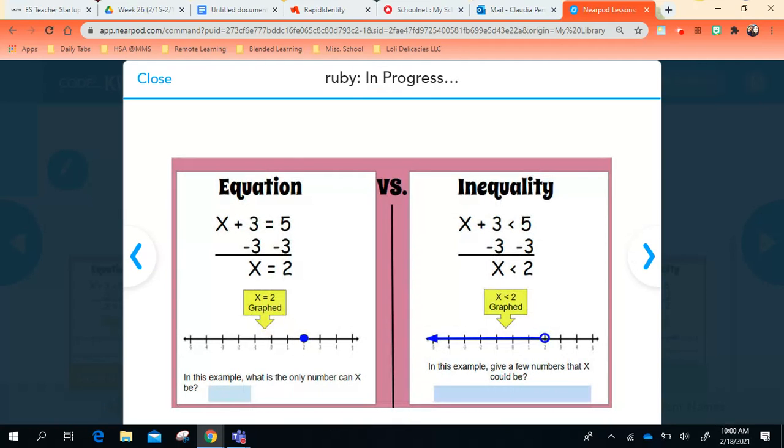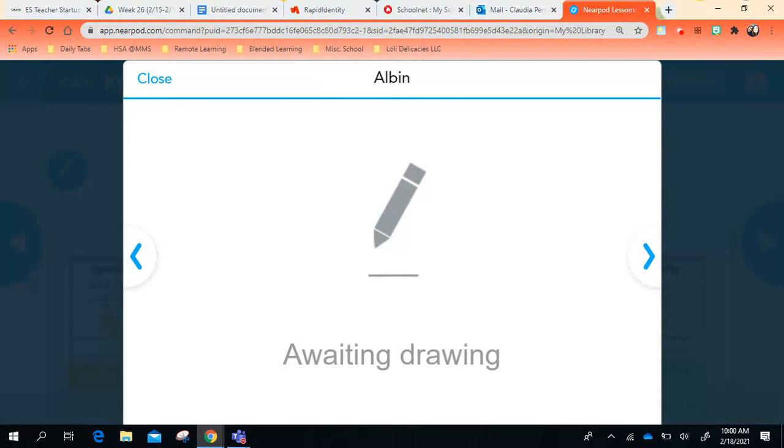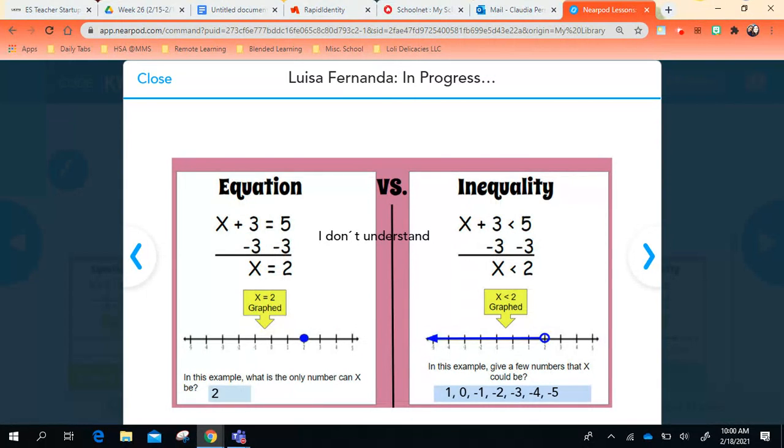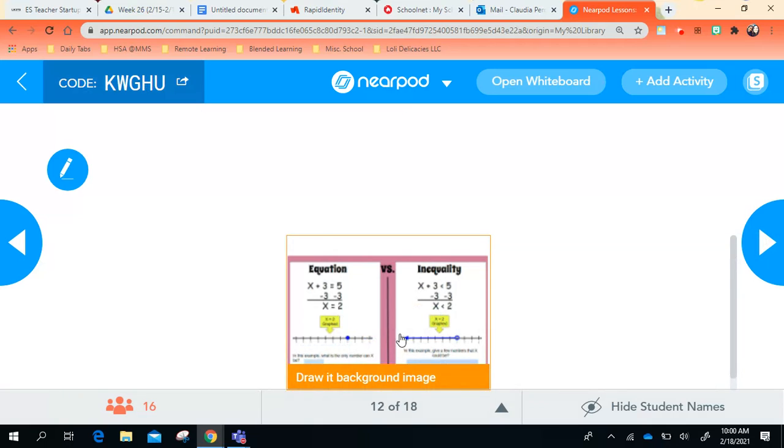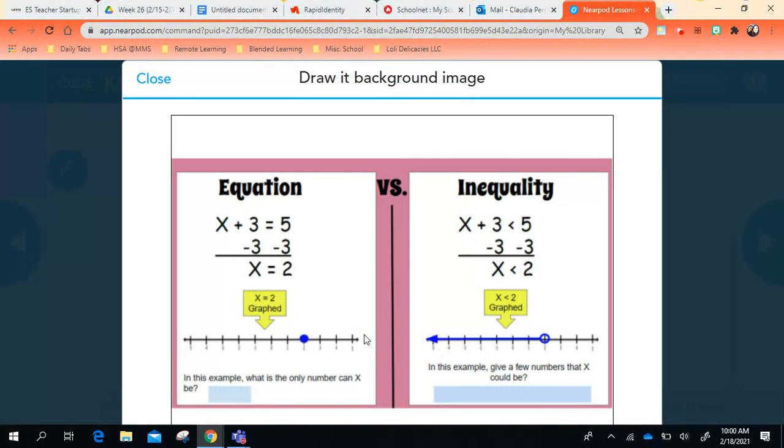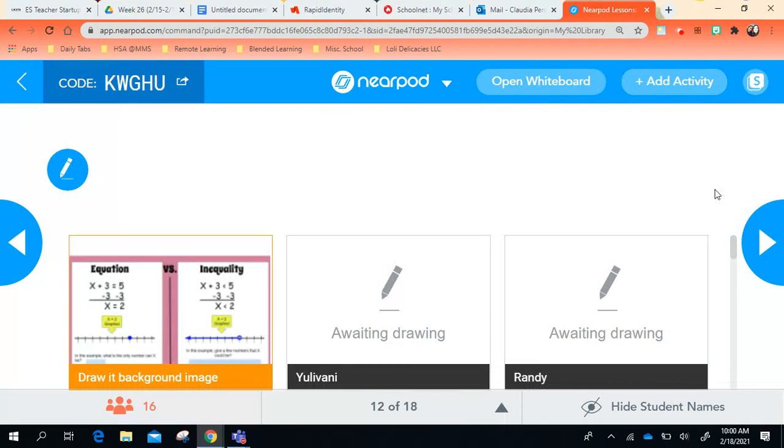Yvonne, I don't see anything. Ruby, same. There are several of you that I don't have answers for. Luisa, muy bien. I like looking at your work sometimes. It's nice. Did I put the same? Oh, I put it twice. One second.